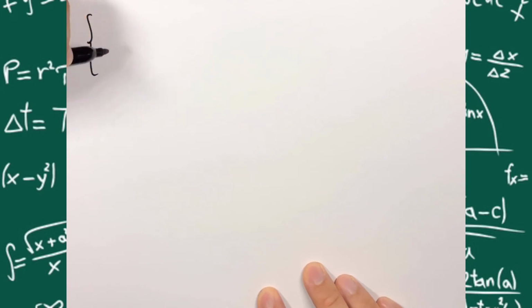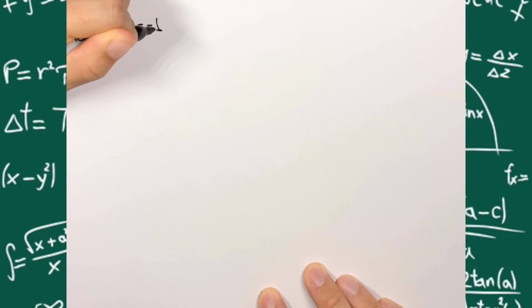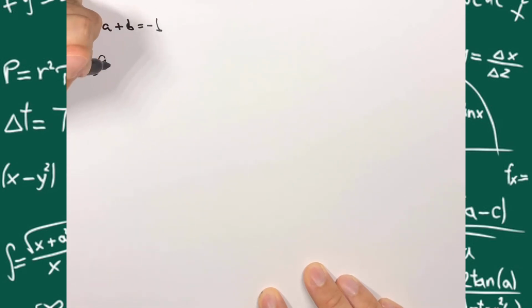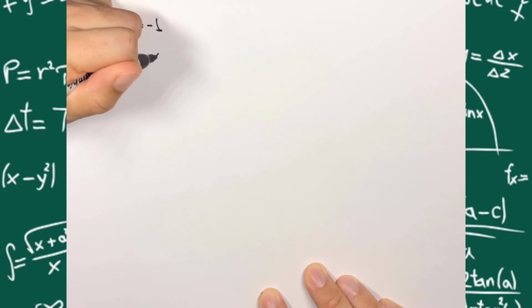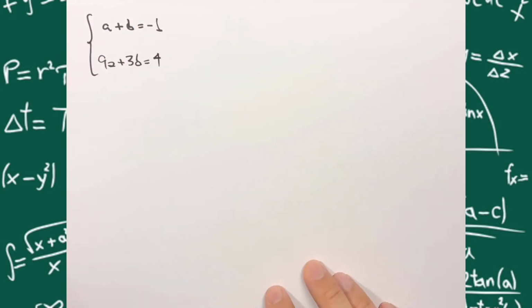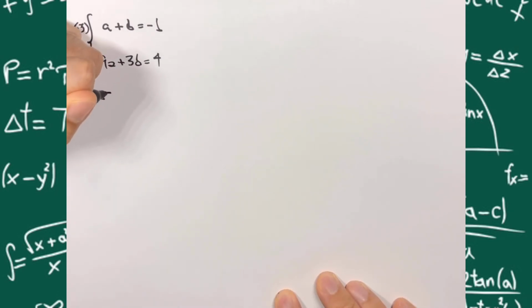We can simply get rid of the b, again, by multiplying by minus 3. So I think that's a fair thing to do. Let's rewrite the system of equations: a plus b equals minus 1 for the first one, and 9a plus 3b equals 4. And similar again to the previous exercise, we have to get rid of one of the two variables. So let's multiply the first by minus 3, and that will give us minus 3b to cancel.